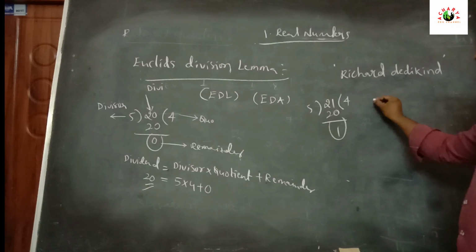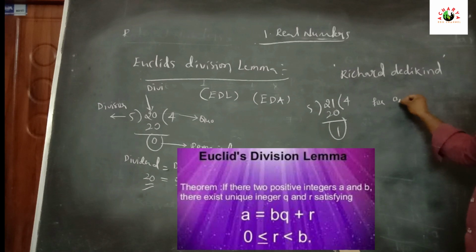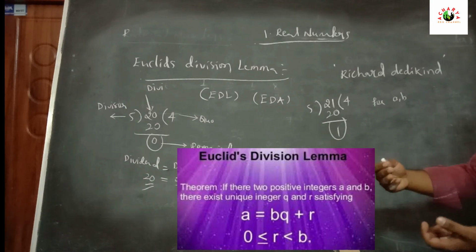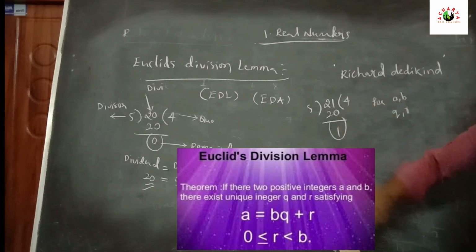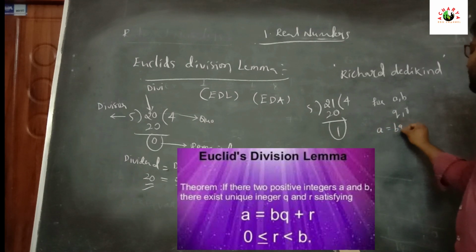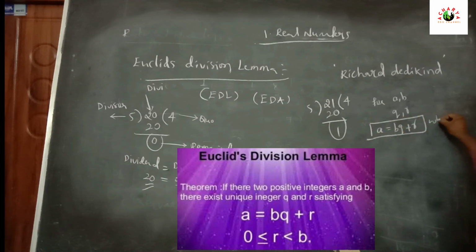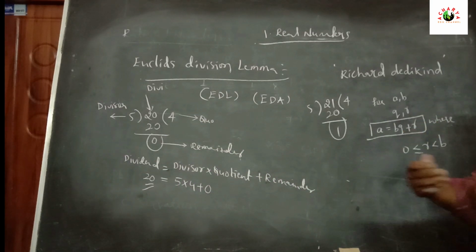See, for any positive integers a, b, there exists a unique pair of integers q, r satisfying the condition a is equal to bq plus r, where r is greater than or equal to 0 and less than b. So what is, once again I will repeat.